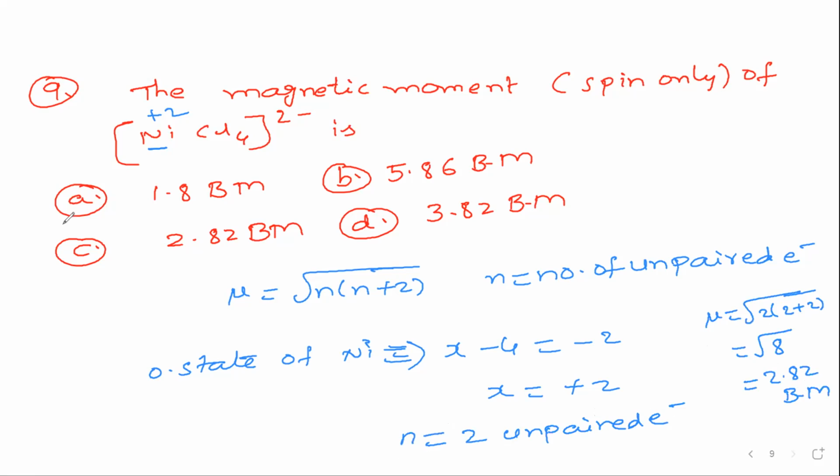So the answer is the third option. Simple. This is a JEE Mains 2011 question. You can check, easily can understand, like these questions you are expected. Very, very important.